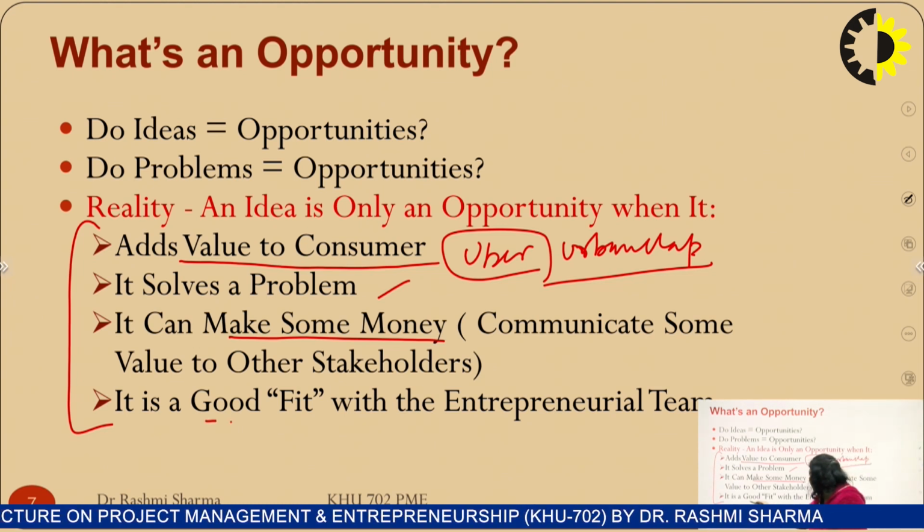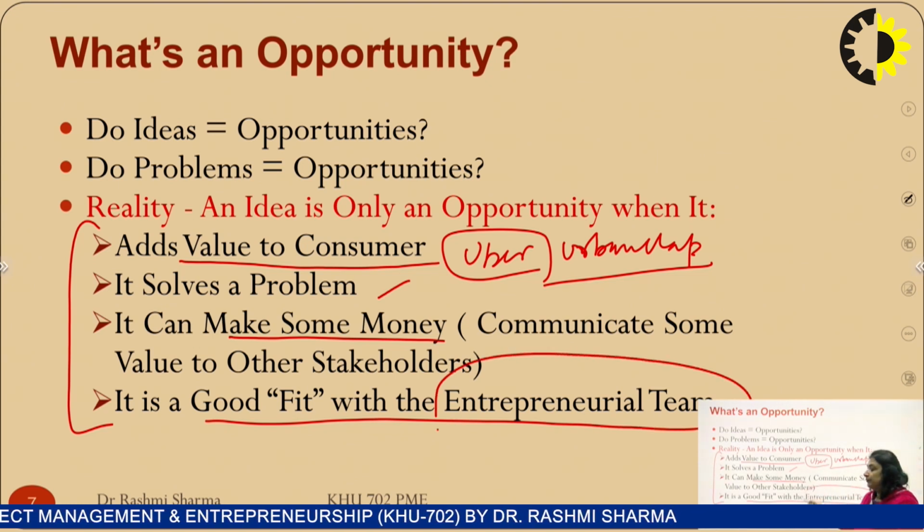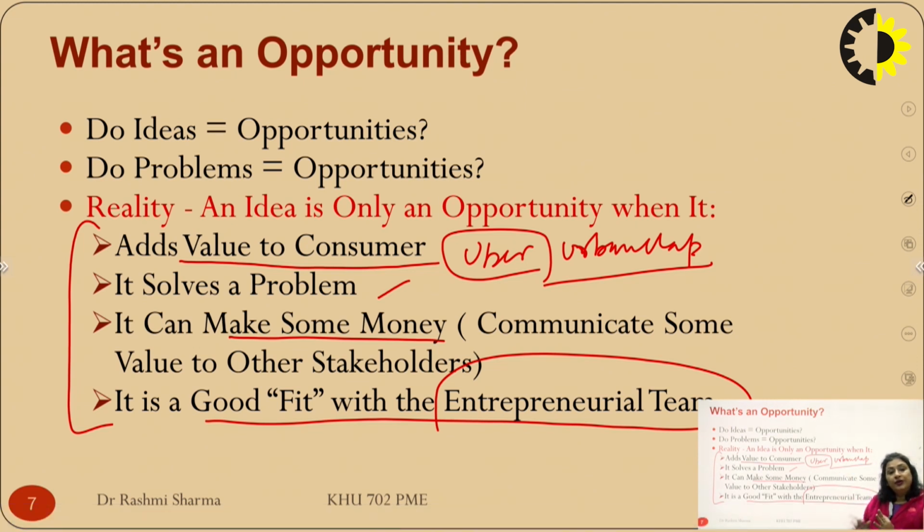And it is a good fit with the entrepreneurial team. And it should be acceptable by the development team also, or the production team also. So any problem or idea converts into reality only when it is adding a particular value that is solved for the customer, specifically the customer, not anybody else. The customer may be that Ola and Uber have given a franchise to someone.